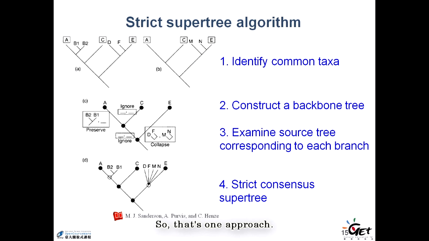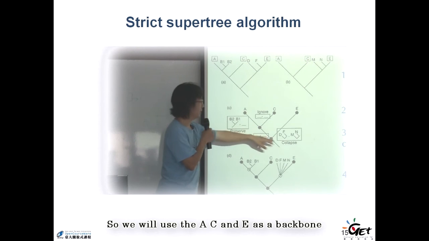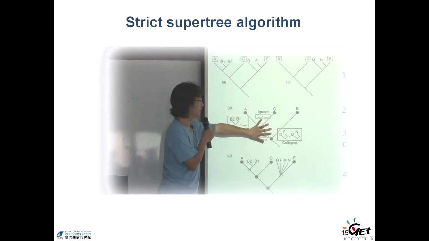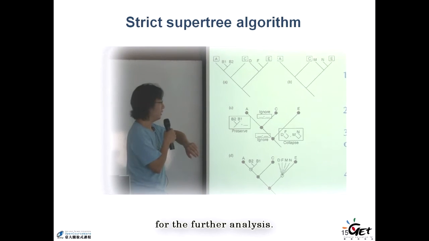So that's one approach. But the other approach is that we can deal with the trees themselves, rather than going to the supermatrix. Basically, we first have to identify the common taxa, like we did already. For example, we want to combine the A and B trees, so we have to identify the common taxa. It's A, C, and E. So we'll use A, C, and E as a backbone for the further analysis.